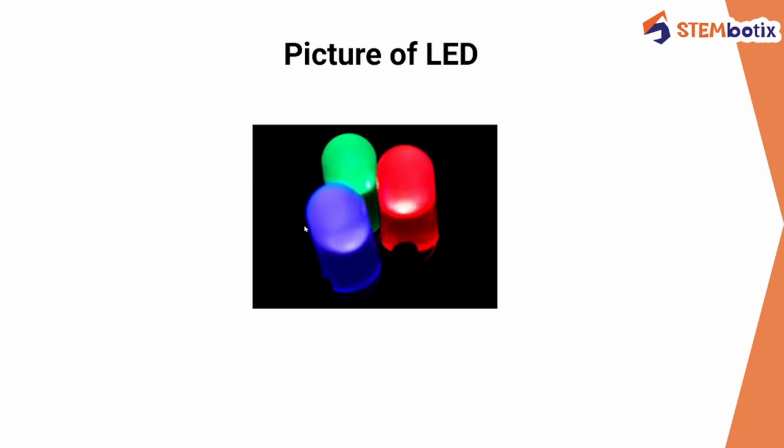This cover allows the generated light to come out, and because of which you can see this as a blue color LED, this as a red color LED, and this as a green color LED. The materials used in the formation of these LEDs are different, and the amount of doping is different, so this will give you different colors.